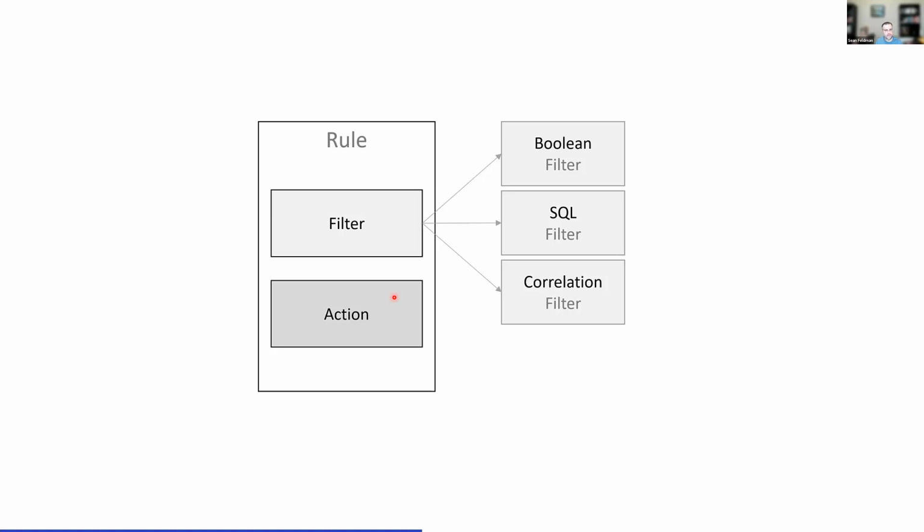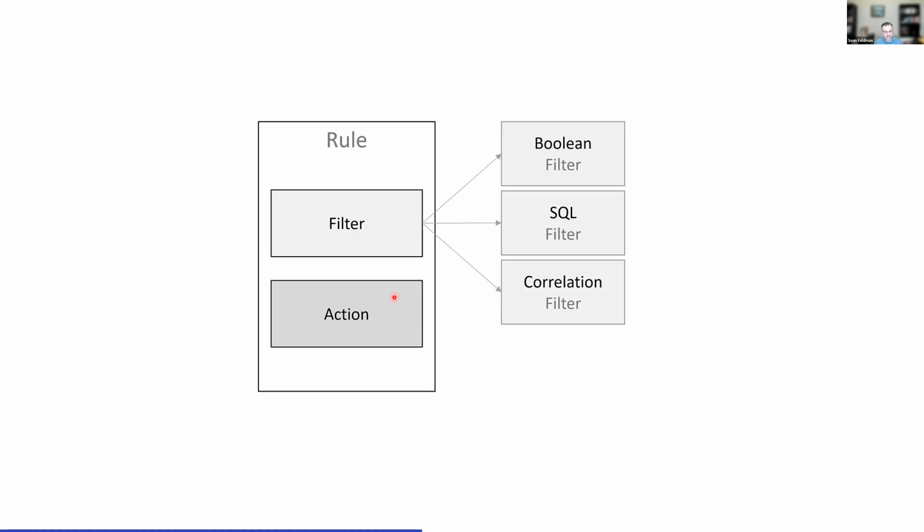So for example, by default, it could be the filter or the rule name, or we could stamp, for example, anything that is a message of type order, we want to rush it. Basically, adding custom properties or headers.